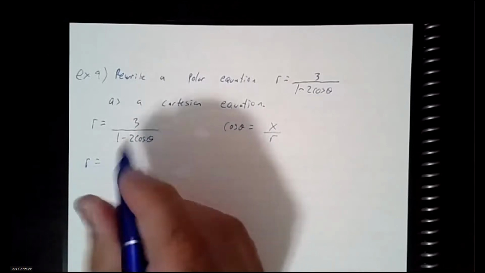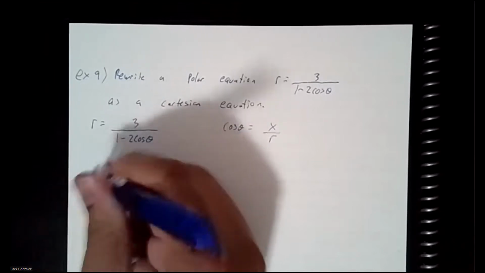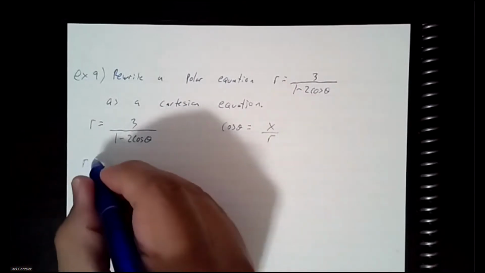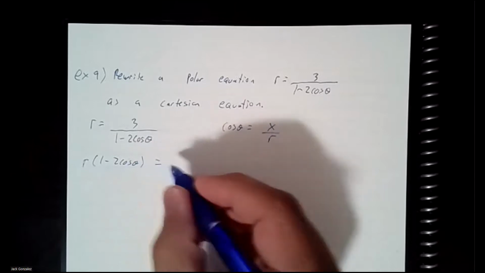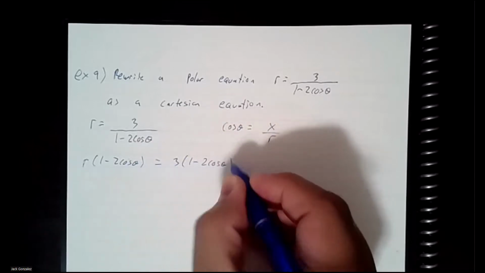Let's go ahead and multiply both sides by this denominator, because right now I don't want to deal with a fraction. So let's cancel the fraction first. Multiply both sides by 1 minus 2 cosine. 3 times 1 minus 2 cosine.